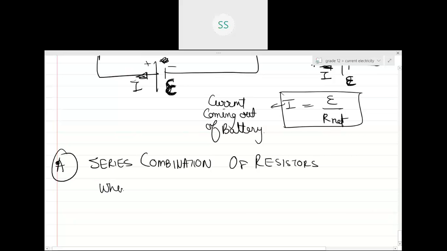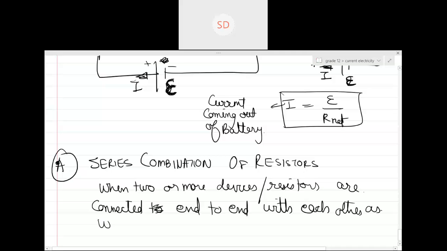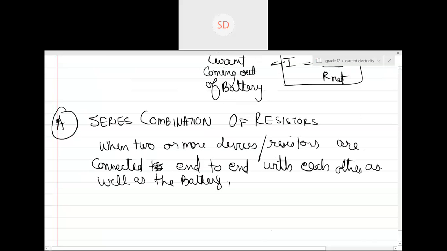Whenever two or more devices or resistors are connected end to end with each other as well as the battery, this is called the series combination.